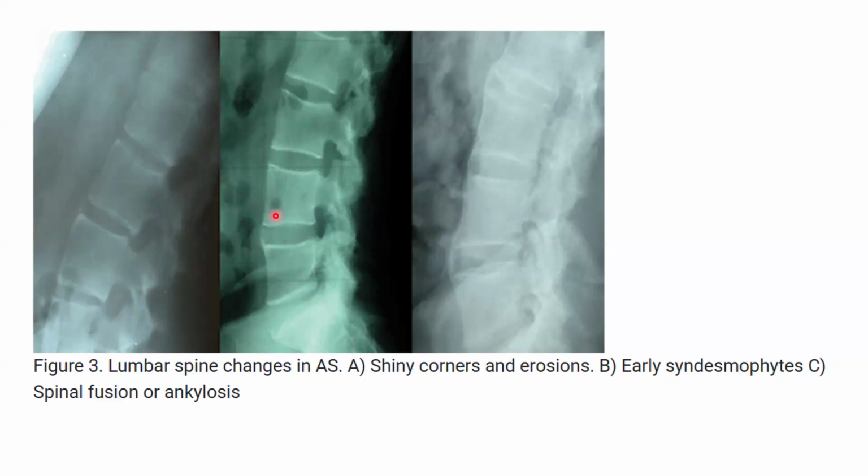These also can fuse. So it's these syndesmophytes, basically calcium deposition on the vertebral discs, right? So you can see like bony outgrowths. When these become very prominent, this is what leads to what you can see on the X-ray as bamboo spine, right? And then there's fusion of these spines, right?